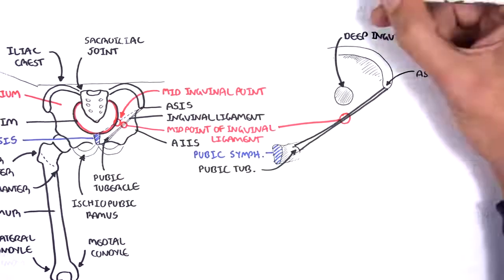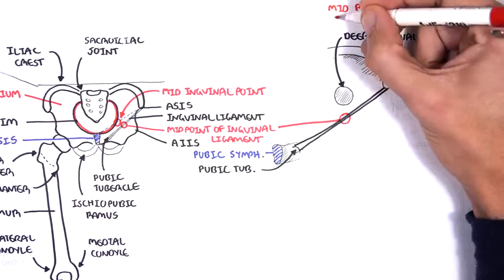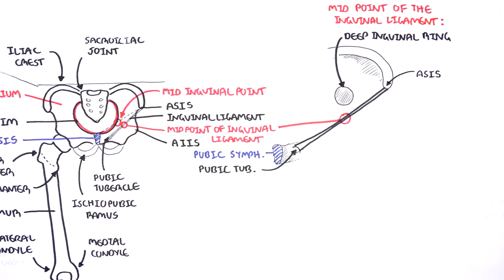And the deep inguinal ring is a site where hernias can occur, specifically indirect hernias. This is where the intestines can go through essentially the deep ring and then through the superficial ring and into the scrotum. This is one of the reasons why the midpoint of the inguinal ligament is an important landmark to identify where the deep inguinal ring is.